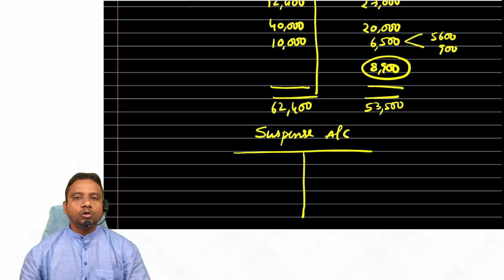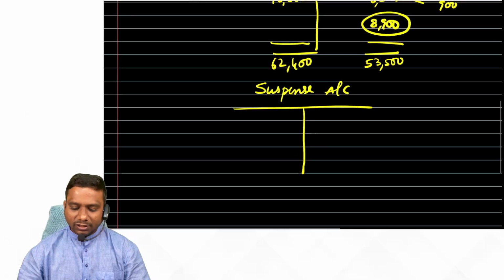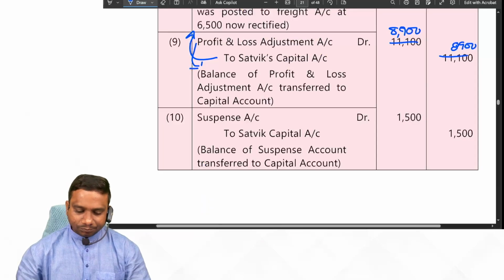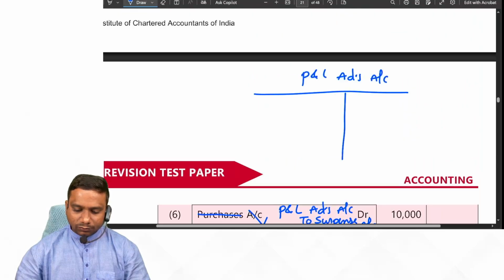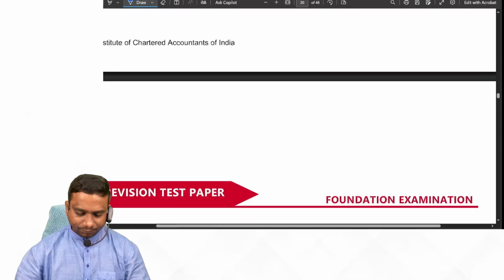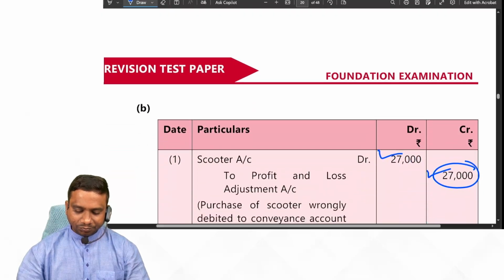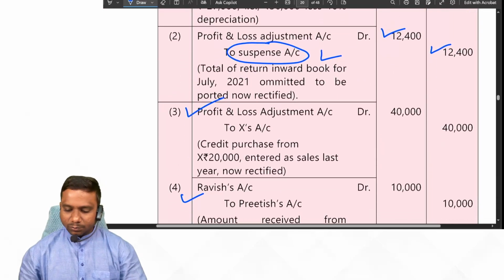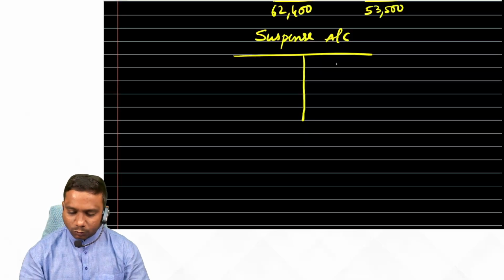It is advisable to prepare the profit and loss adjustment account and, at the same time, the suspense account also, students. From the beginning, observe. First entry, no suspense account. Second entry, yes, we have the suspense account, credited on the credit side 12,400.